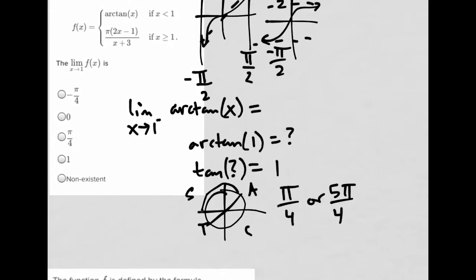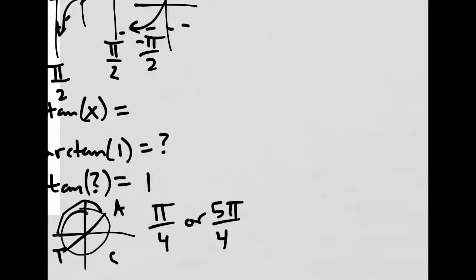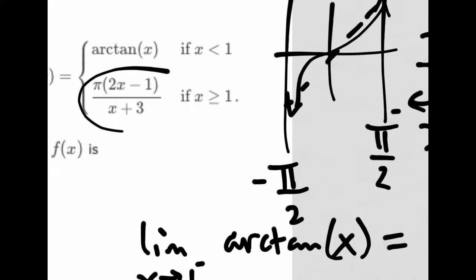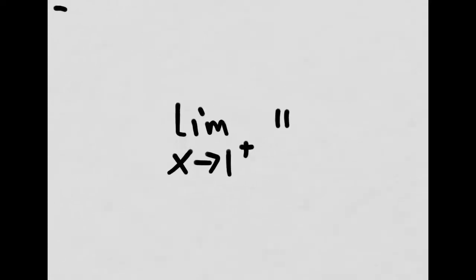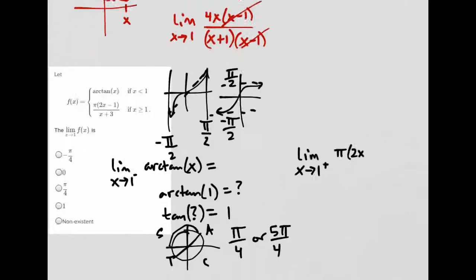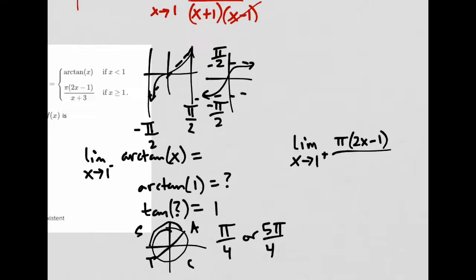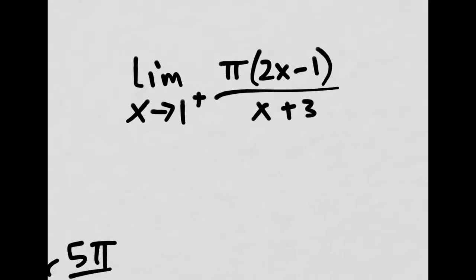But now we have to take the limit from the other side. What is the limit from the other side? So the limit as x approaches 1 from the right side, we shall use this function, because when x is a little bit bigger than 1, we could use that. Pi times 2x minus 1 over x plus 3.